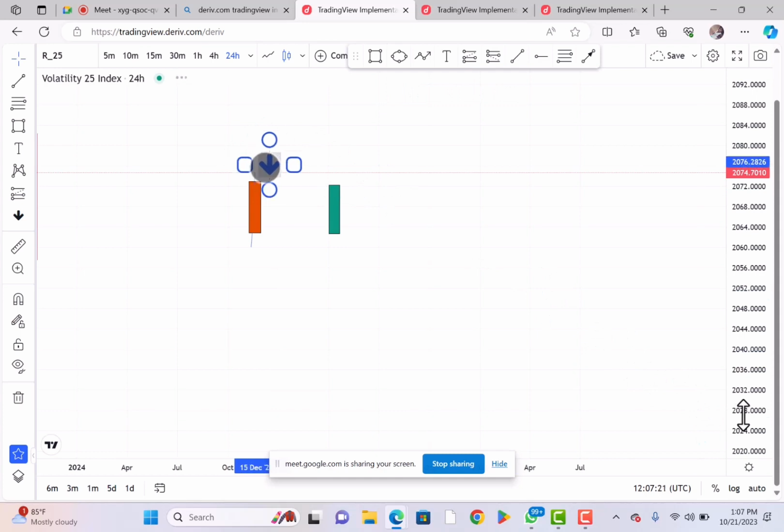This is the opening of the candle. I think I'll just use my mouse. The candle opens around this region that you're seeing.